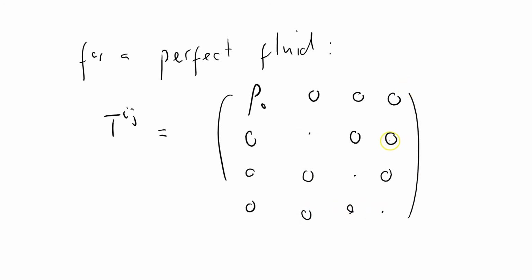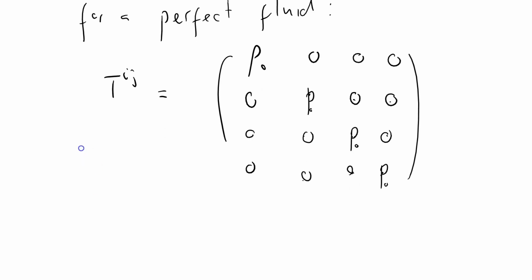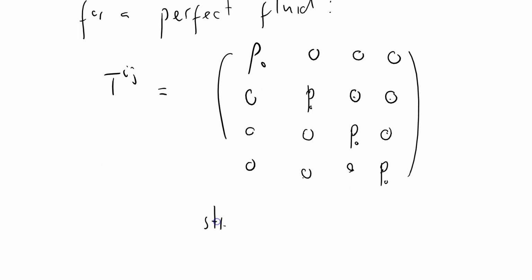We've got zeros here, here, here, here, and here, and here for the off-diagonal elements of the stress tensor, but here, here, and here we've got the pressure, and for a perfect fluid there's just a single number. Actually, I'm going to call it P0. And this is the stress energy tensor for a perfect fluid.